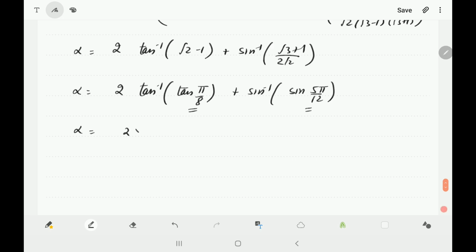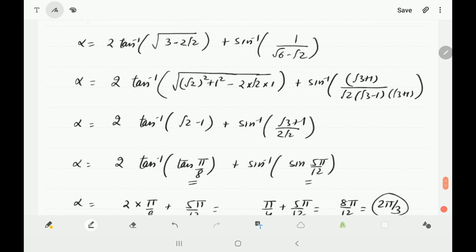So alpha will be 2 into pi by 8 plus 5 pi by 12. So we have pi by 4 plus 5 pi by 12. Once you take the LCM, you will have 8 pi by 12, which will give us 2 pi by 3 as the value of alpha. So the value of alpha is 2 pi by 3.